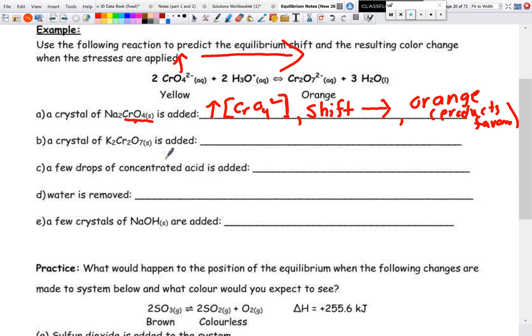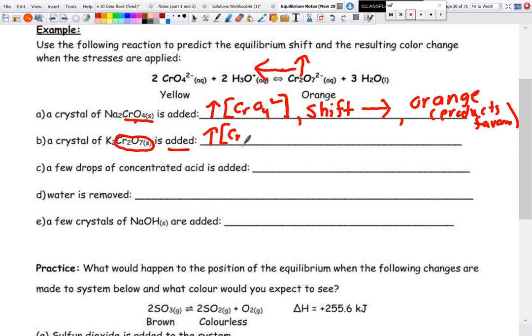We're going to go through these here. You can pause the video and try them on your own as well, or we can just go through. So the next one is a crystal of potassium dichromate being added. So in this case, we're adding the dichromate ion. Very similar, the concentration of the dichromate is going up. When we're increasing or adding, that means the equilibrium shifts in the opposite direction.